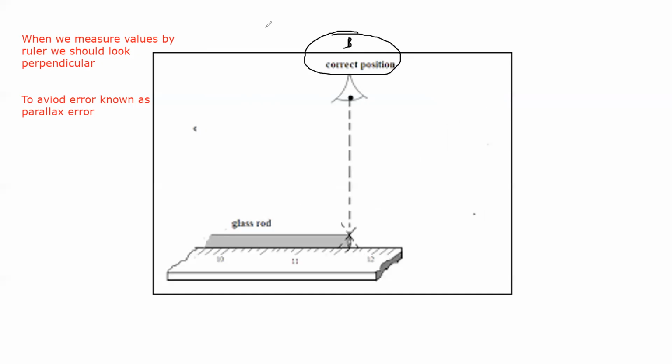Perpendicular means 90. So you can see your eye level and the scale are 90-degree to each other. Whenever you're reading a scale, the angle between your eye level and the scale marking should be 90, so that you can avoid a parallax error.